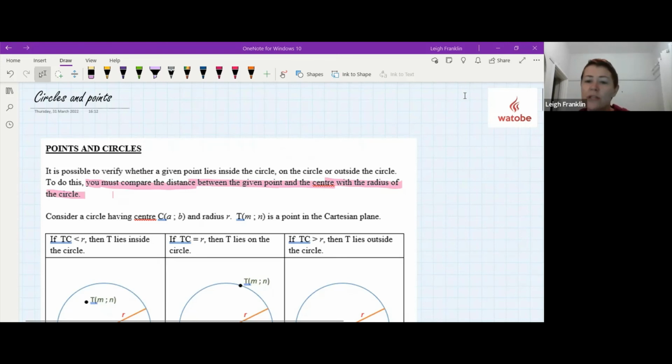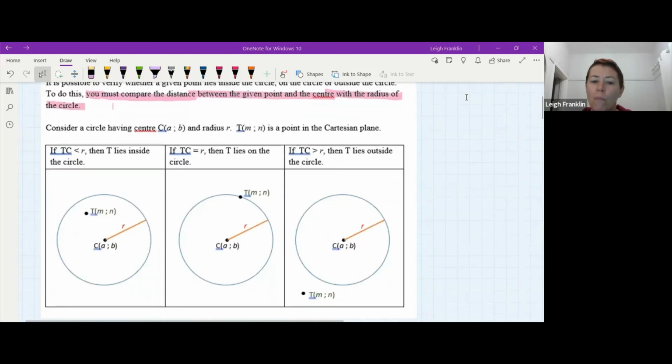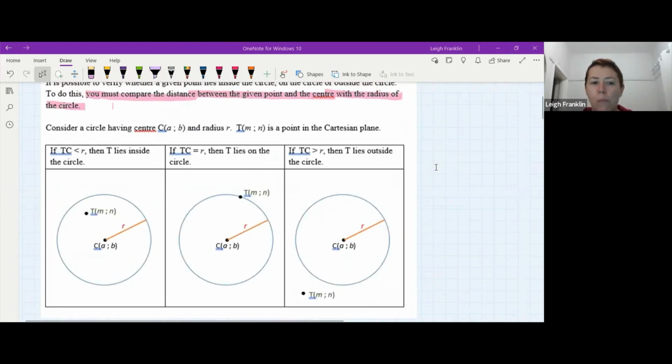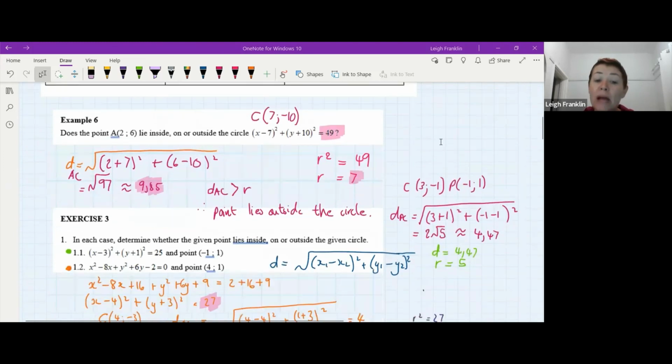For the first questions that we did when the lesson started, we said the distance AC is greater than the radius. Ma'am, would we actually have to write that out? It would be nice if you did.